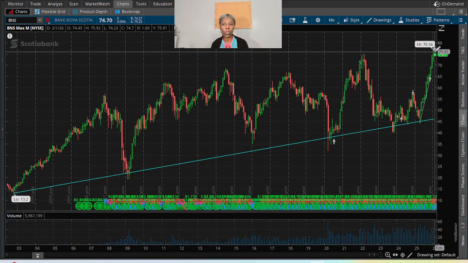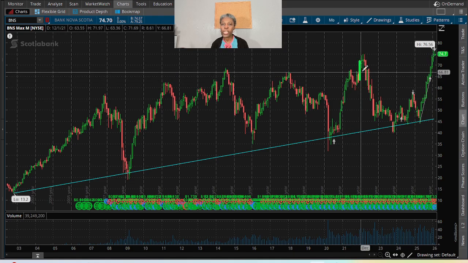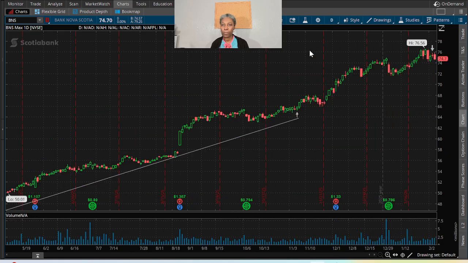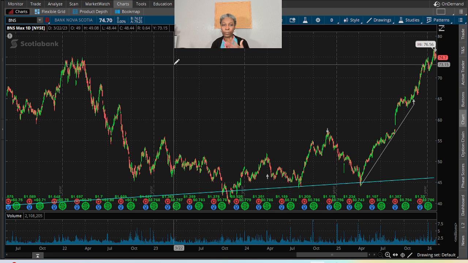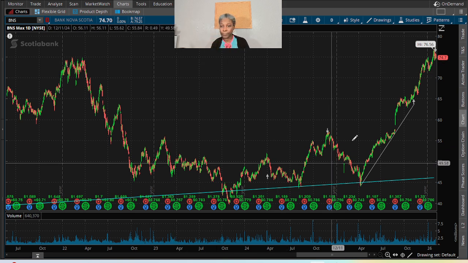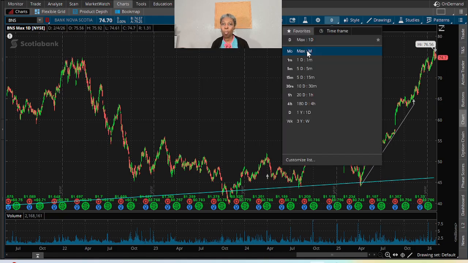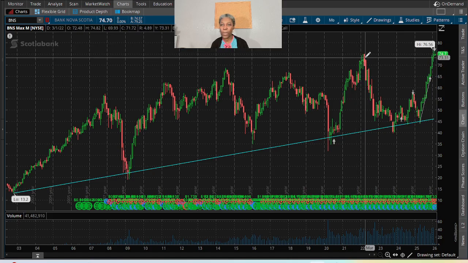So it could pull back a little bit and continue going up, but it could spend about 6 months or so pulling back and going back up. It could do that for a while, but I just feel like I may not make much more money once it exceeds the all-time highest price.